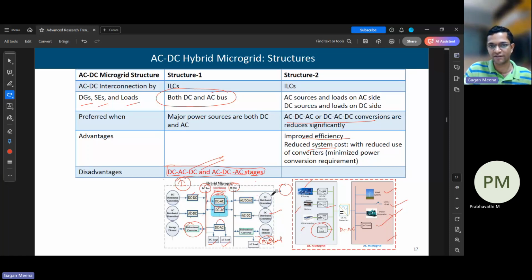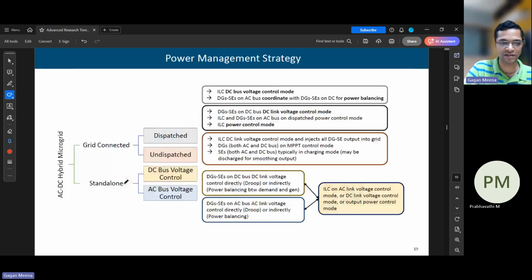One is these distributed generators, DGs, then storage elements, and then interlinking converters. And how these three will operate in which mode is discussed in this slide.